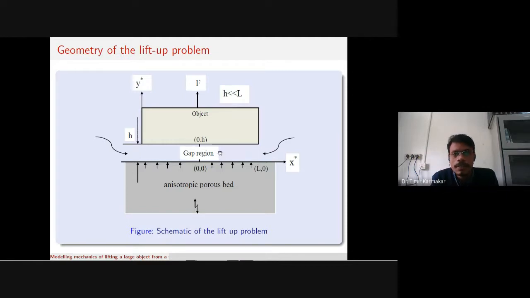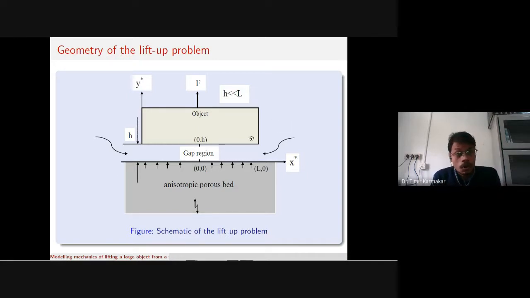Initially the width of this gap is very small, sometimes even smaller than the interstices or pore size of this medium. So a suction force will come into play, and that suction force is very high. Once we overcome that suction force, we can lift the object up.